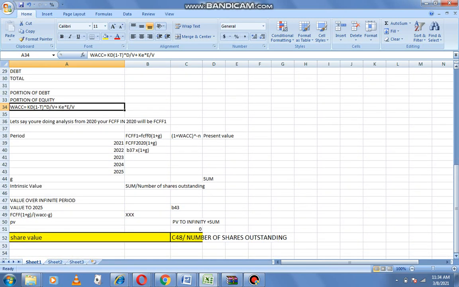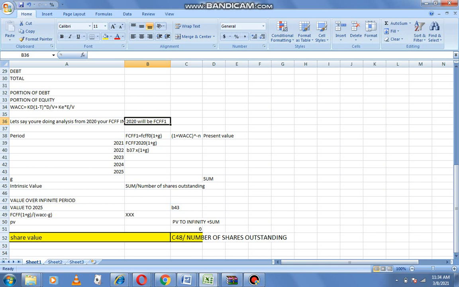So let's say we are doing our analysis from 2020 all the way to 2025, and you can also do the analysis for 5 to 10 years. When we are working with the growth rate, you will have 3 growth rates.